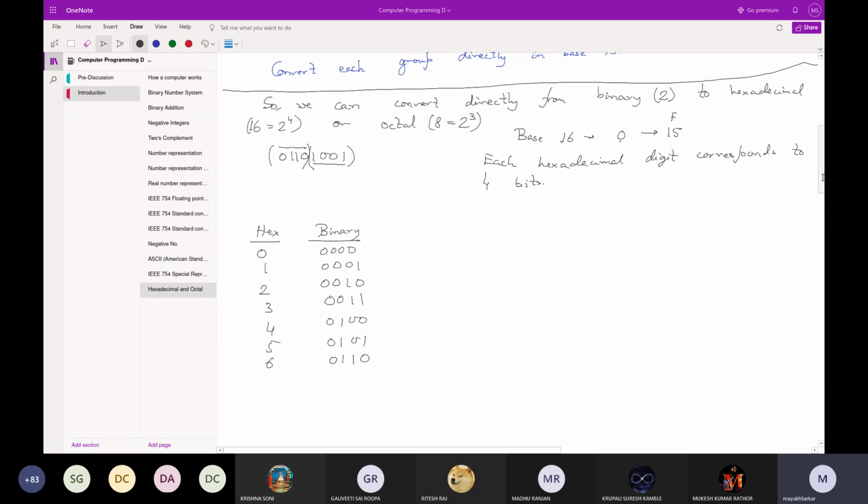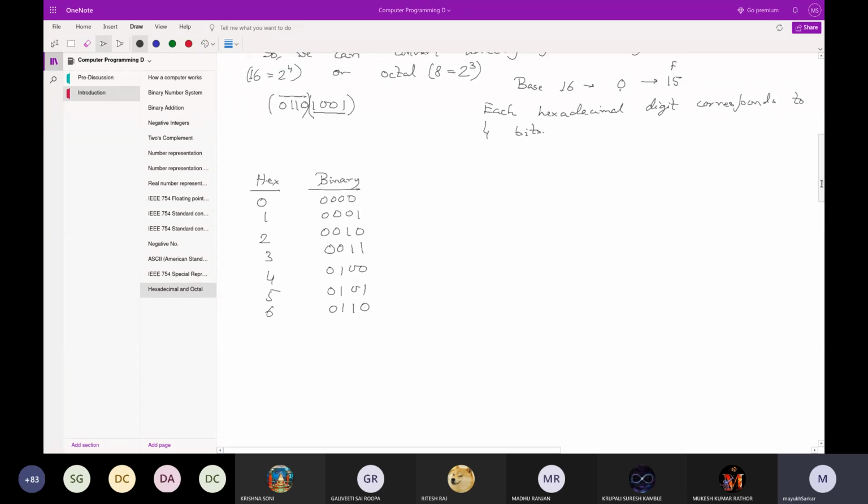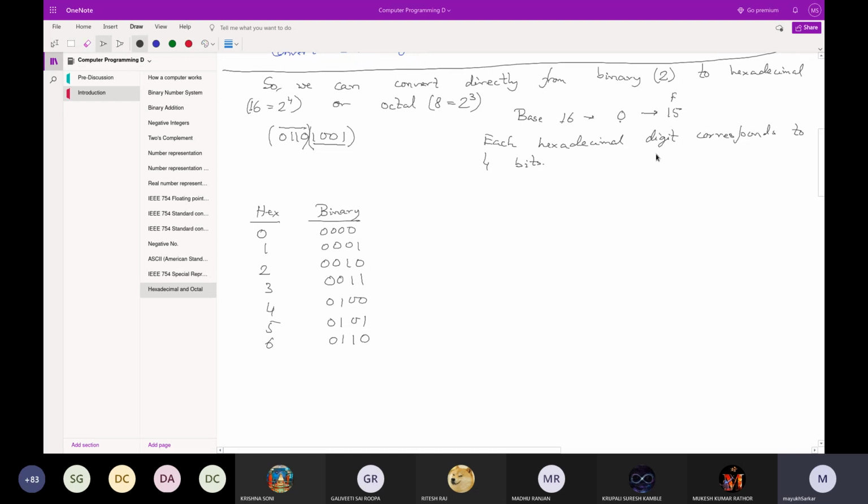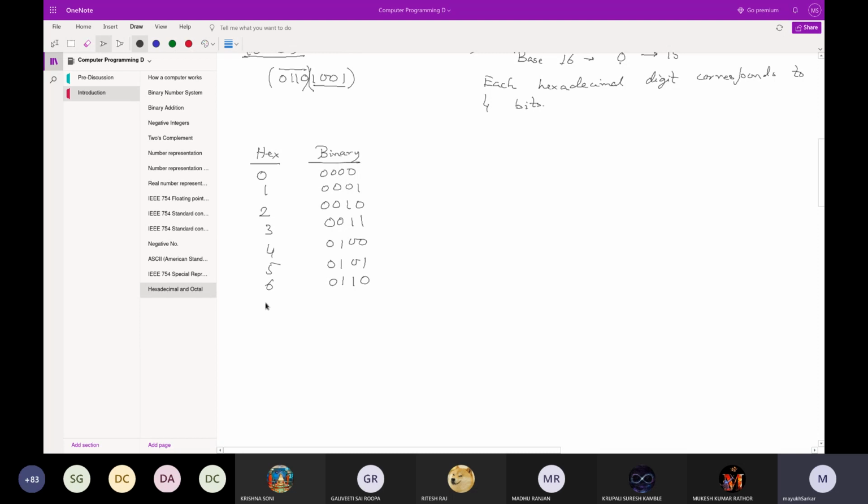You will see that it will match exactly for each group of 4 bits. You take any group of 4 bits, you will always get an equivalent hexadecimal digit, because with 4 bits the maximum number you can represent is 15, and base 16 ranges from 0 to 15. If you think deeply, the root cause is that one base is exactly a power of the other. That's why you get this matching.